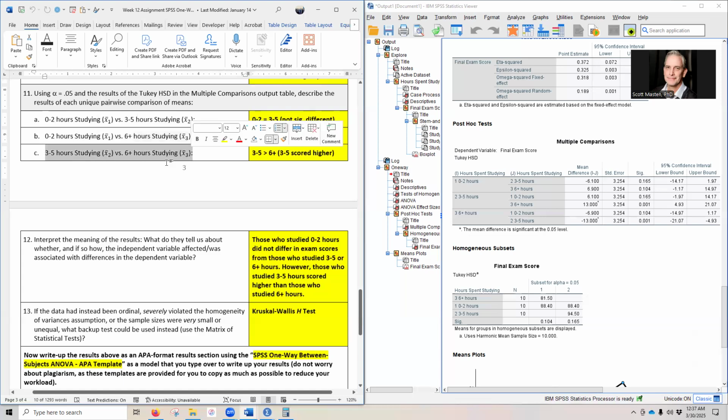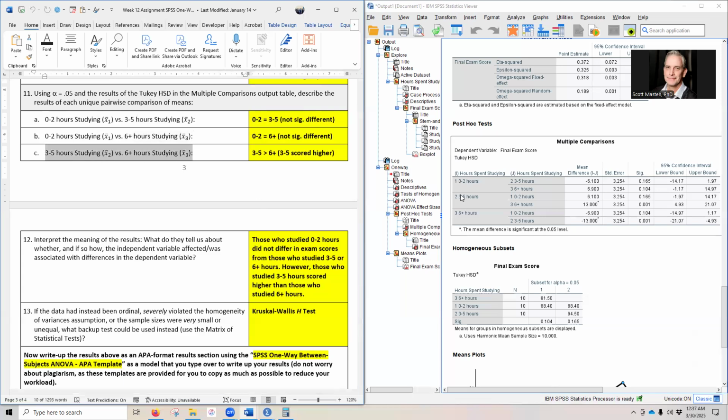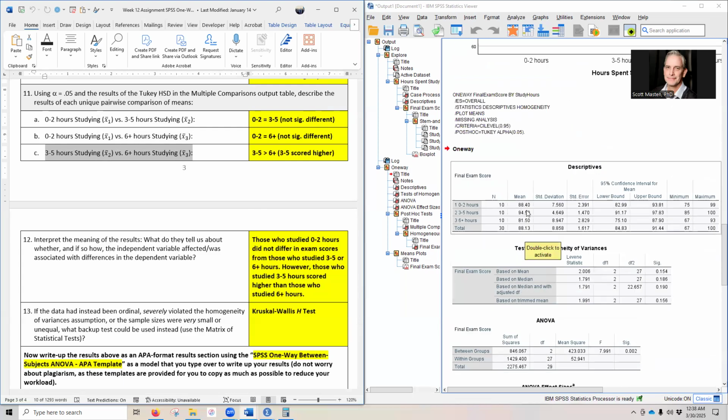Finally, for 3 to 5 hours versus 6 plus hours, that one's significant. So the question is, who did better, those who studied 3 to 5 or those who studied 6 plus? To figure that out, we have to go look at our means. There's our mean.